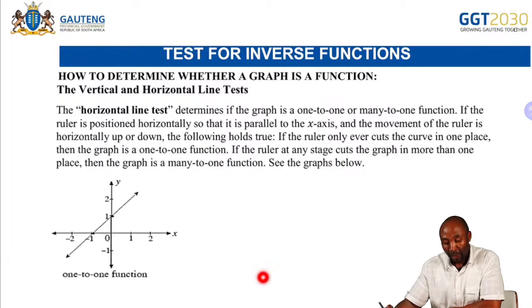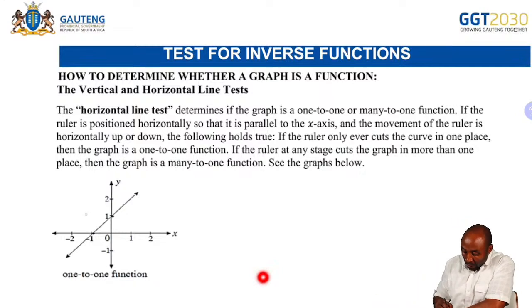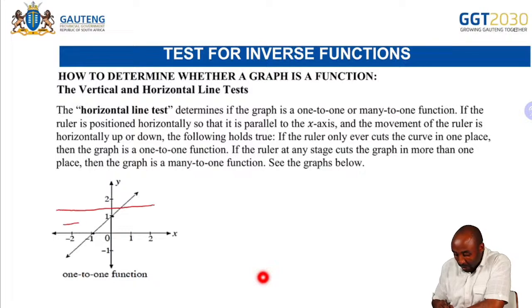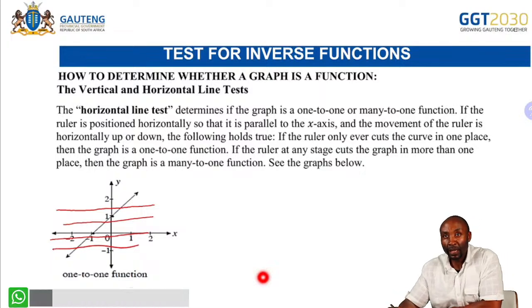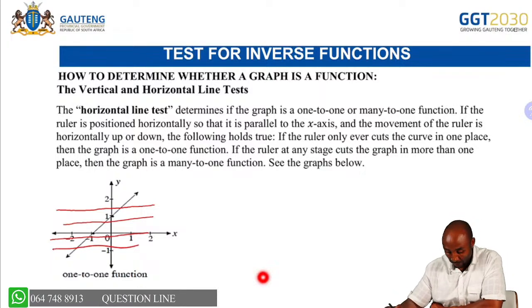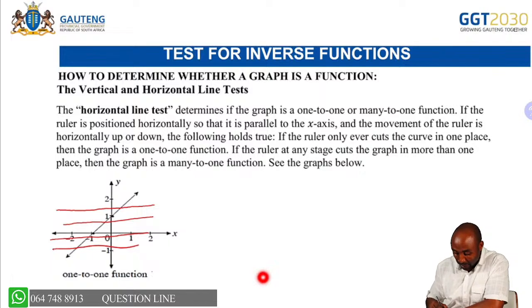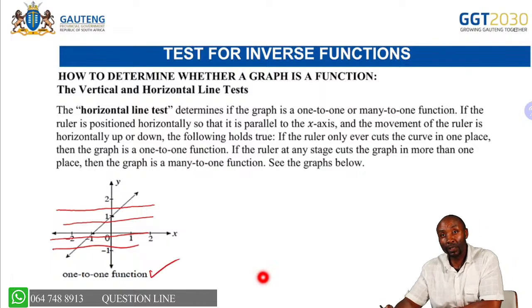If we have a graph like that, when you do your horizontal line test, you place your ruler horizontally like that, or you draw a straight line like that. If it intersects the graph at 2 points at the same time, then it is not a one-to-one function. So for this one, it's a one-to-one function because it passes the horizontal line test.